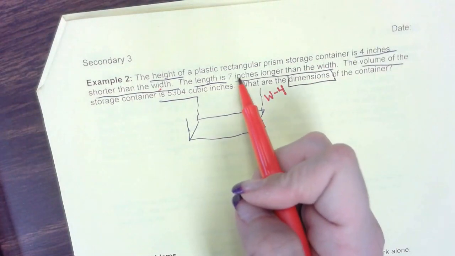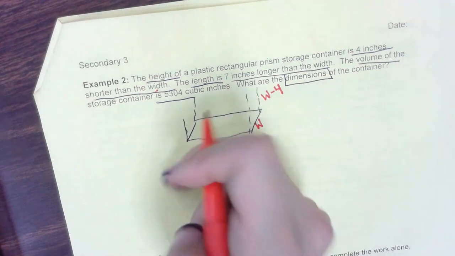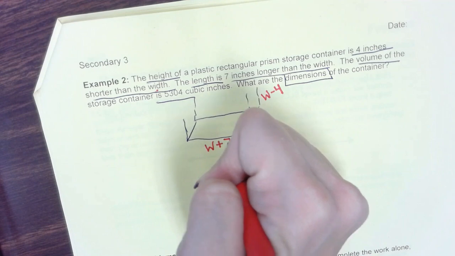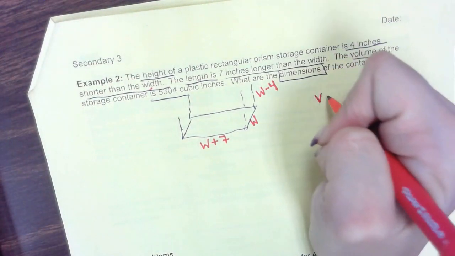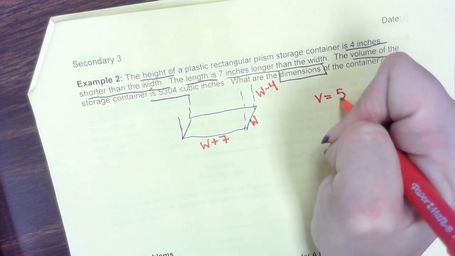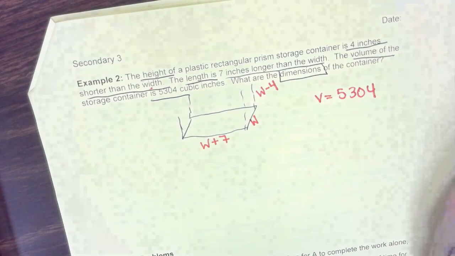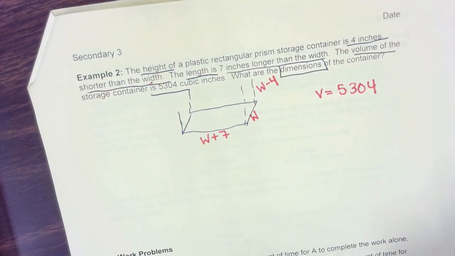The length is 7 inches longer than the width. So longer would mean that we add. Alright, well, we know that the volume is 5,304. Well, how do you find volume of a rectangular prism?